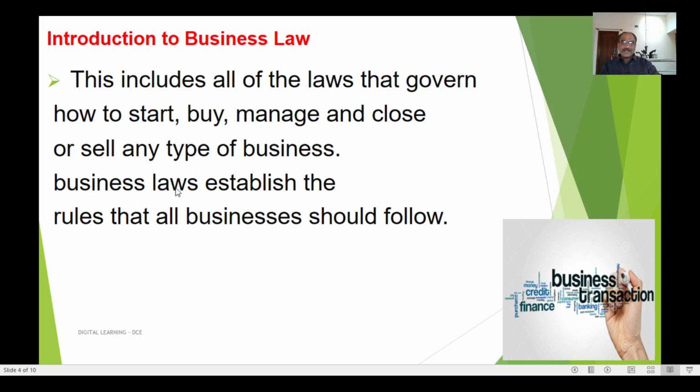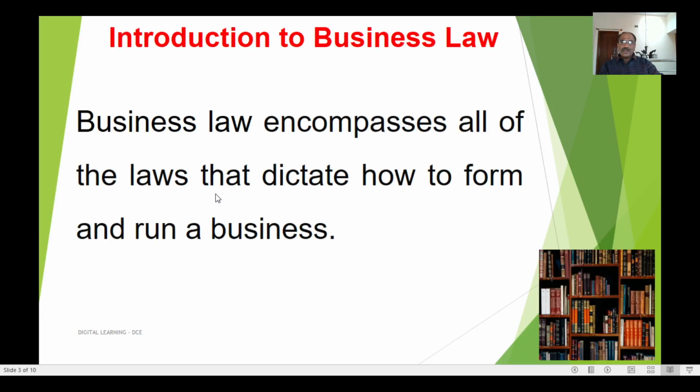Business laws establish the rules that all businesses should follow.